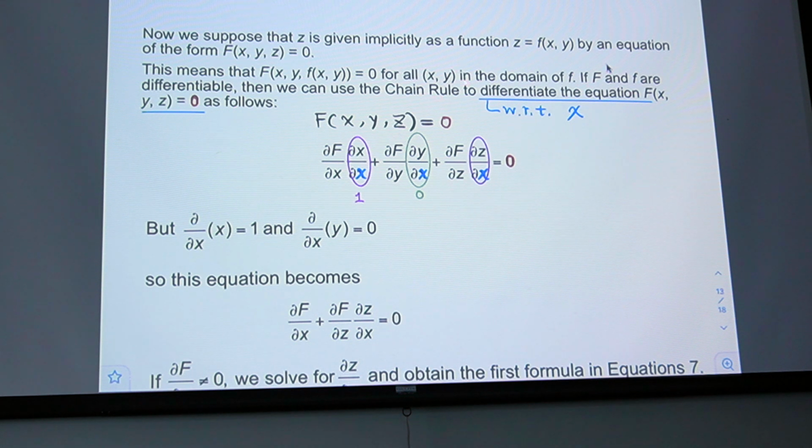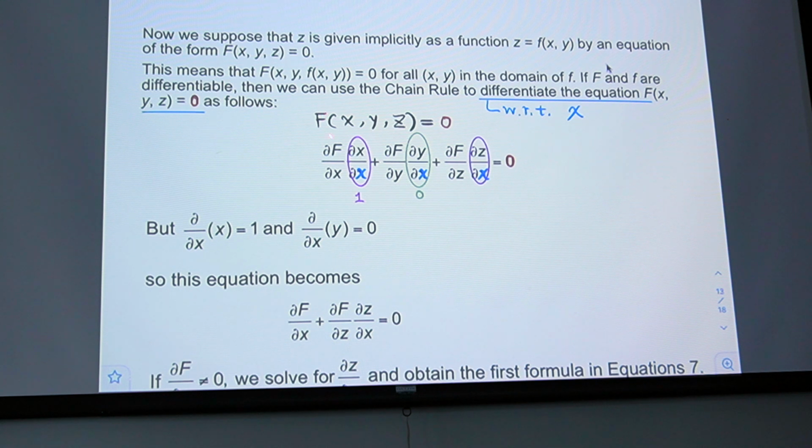Then we can use the chain rule to differentiate this equation with respect to x. If you differentiate the right side, 0, with respect to x, we get 0. Now let's do this side. Remember the chain rule and the tree diagram. We're trying to find the derivative with respect to x, so you go down the tree diagram.